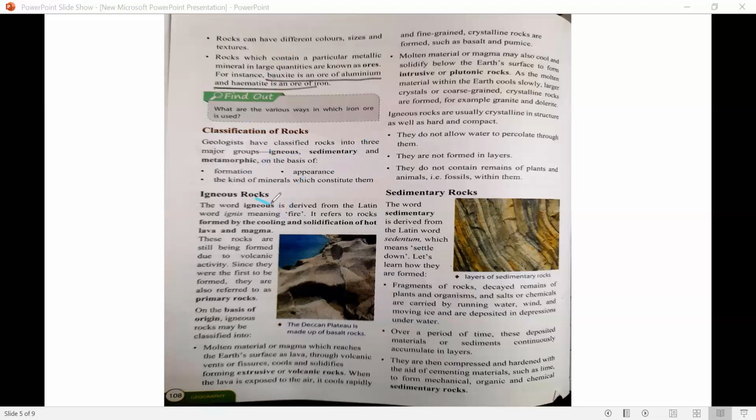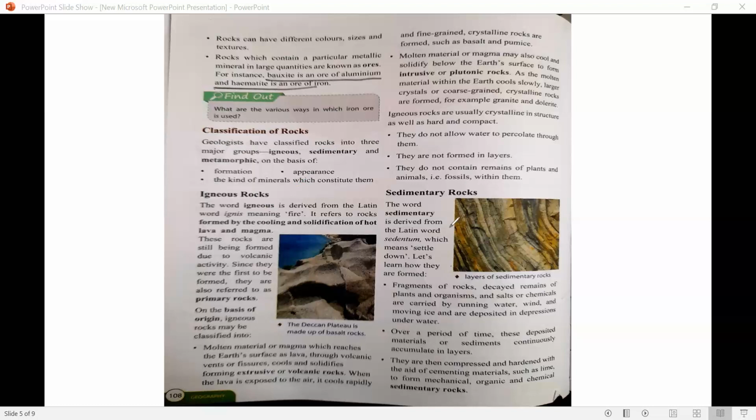Now first let's see what igneous rocks are. The word igneous is derived from the word ignis, which means fire. It refers to rocks formed by the cooling and solidification of hot lava and magma, due to volcanic eruptions or volcanic activities. Since they were the first to be formed, they are also referred to as primary rocks.